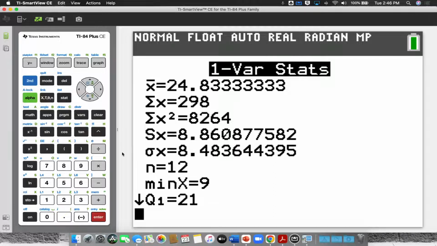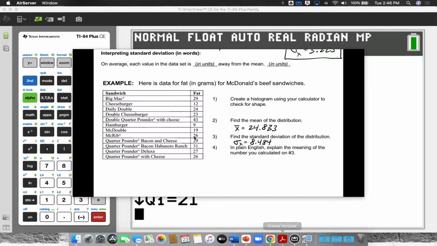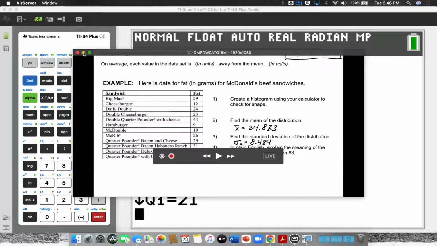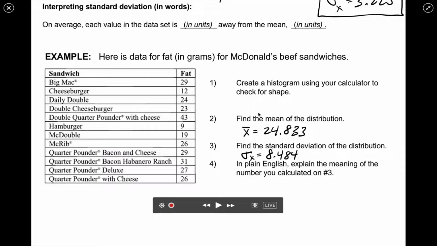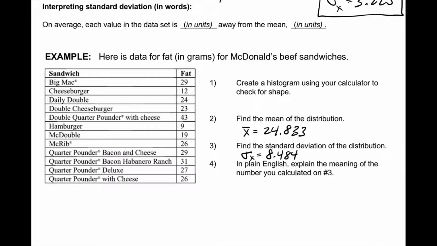Now, so let's go back to here. Got a couple things. Since we have the standard deviation, 8.484, how do I put that into context? Context is key here, always context. Context means put it in a sentence that would make sense for this problem, right? So you can use a sentence frame.